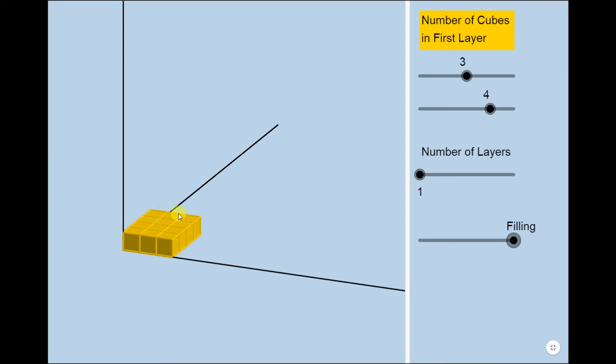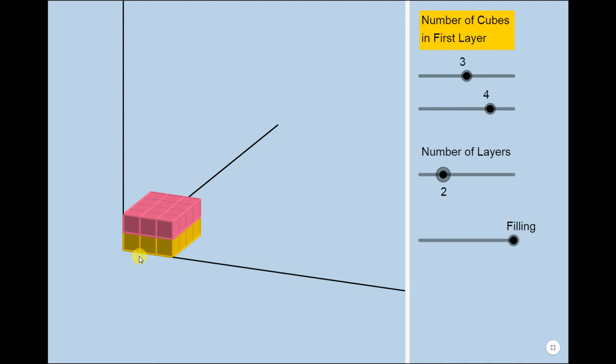Now I have 12 cubes, so I can say that the volume of this object in front of me is 12. And if we have more layers on it, if I have 2 layers of 12, in total we have 24 cubes. So the volume of this prism is 24 cubes.